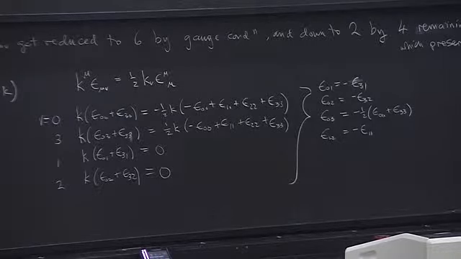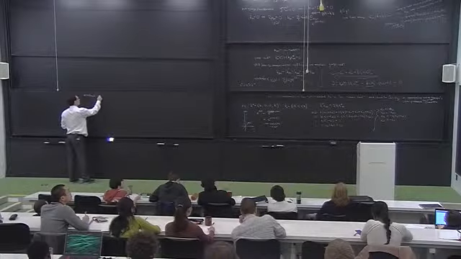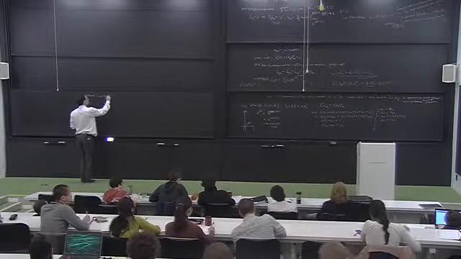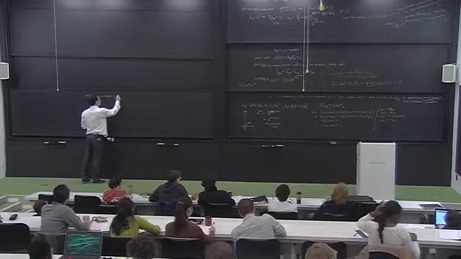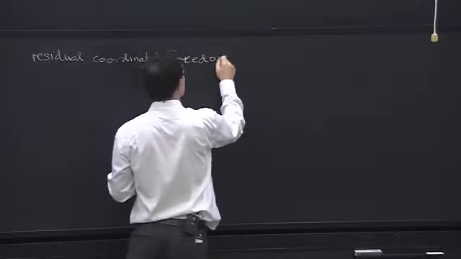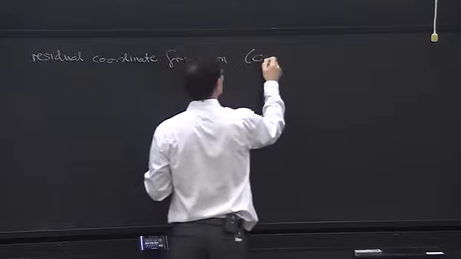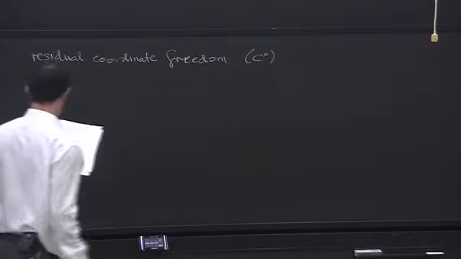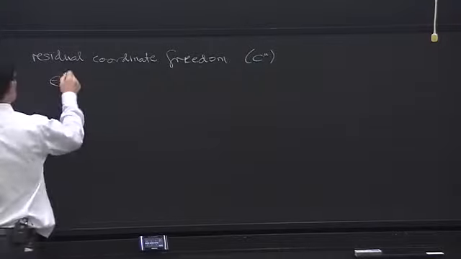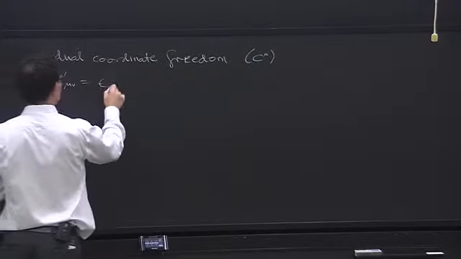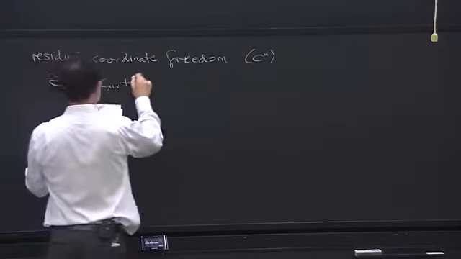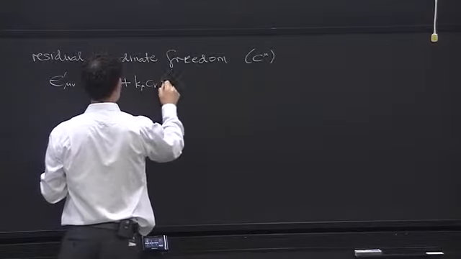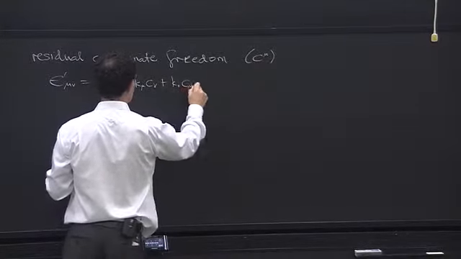Now we have the residual coordinate freedom, i.e. this c^mu, and that gives us epsilon prime mu nu is epsilon mu nu plus k_mu c_nu plus k_nu c_mu.